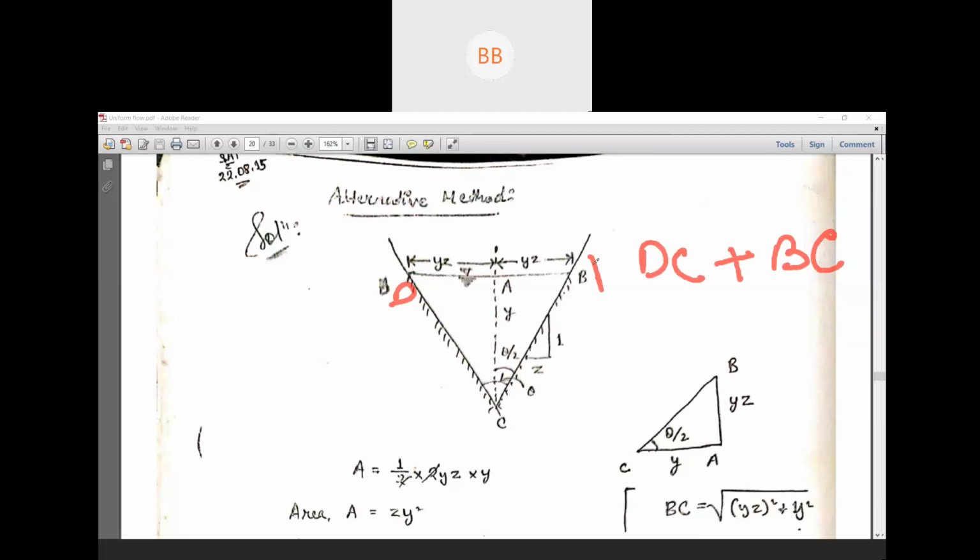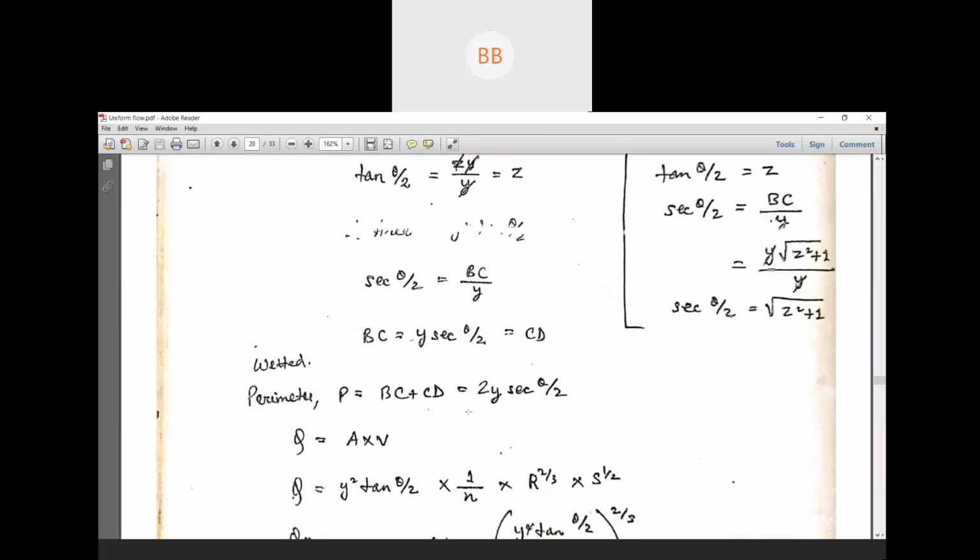This is our wetted perimeter, this side and this side, wetted perimeter till here, till the level of water. So here this is wetted perimeter.